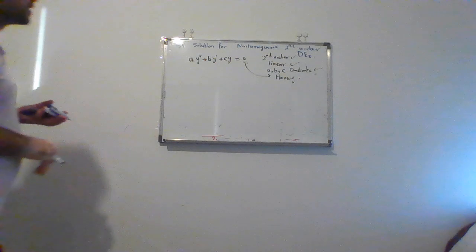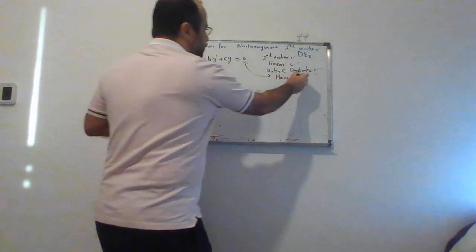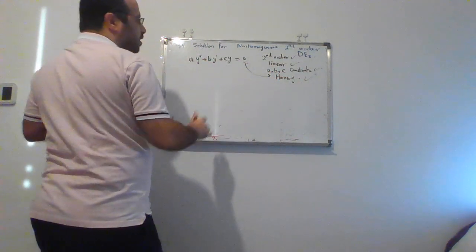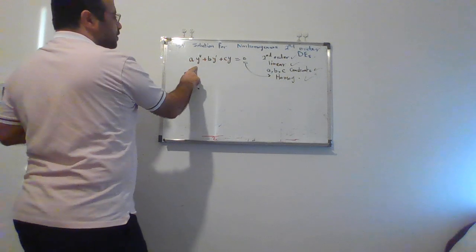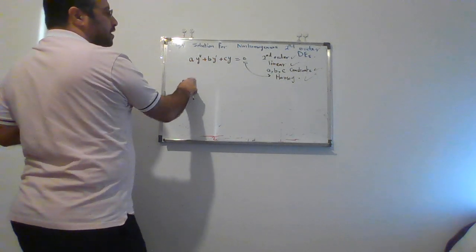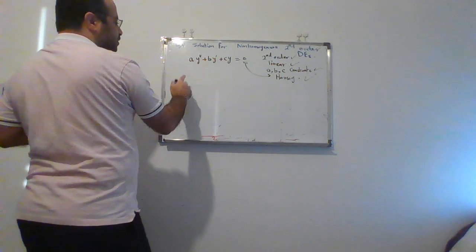Now, if we have all these four parts, then you change this to a quadratic equation and you can solve it and get your y.